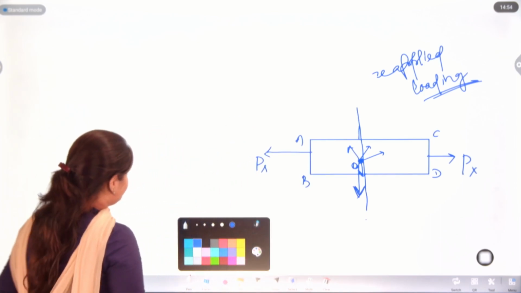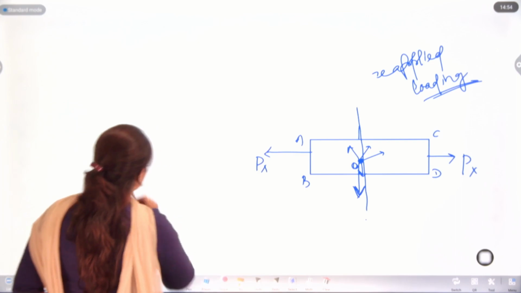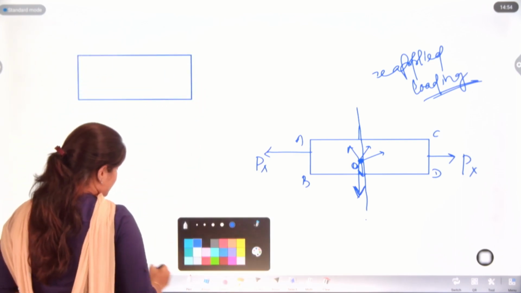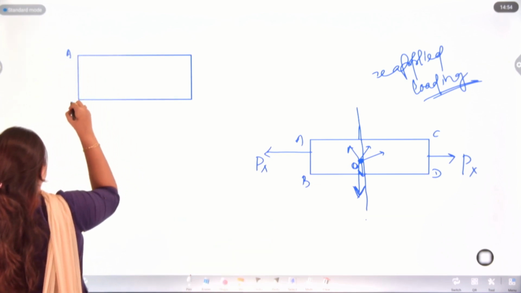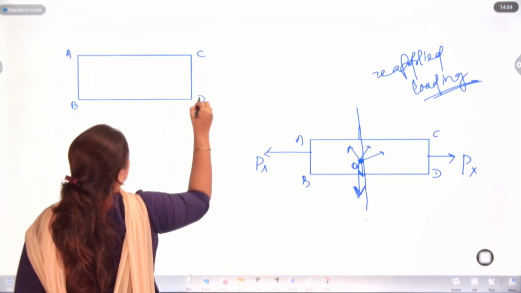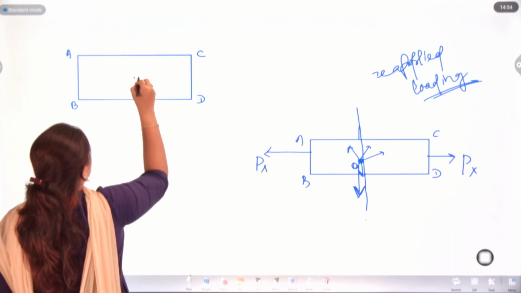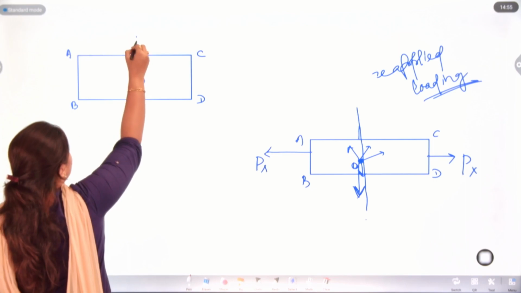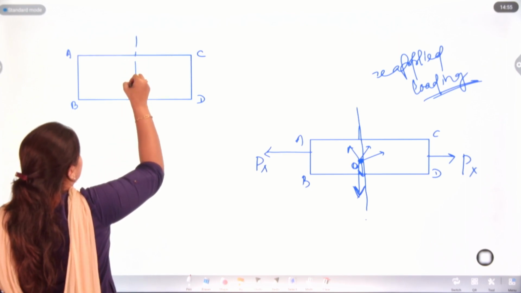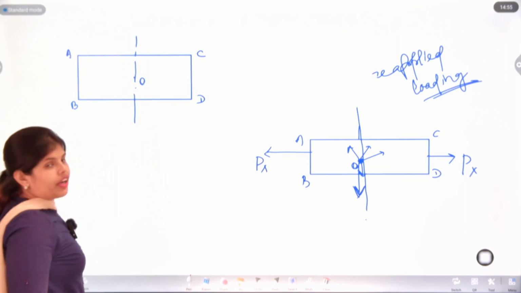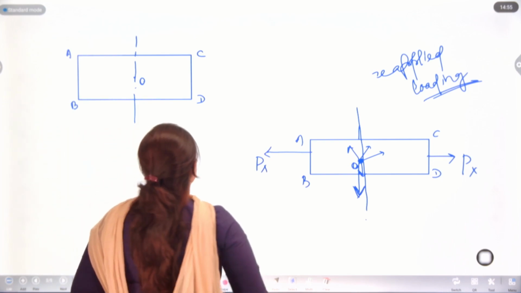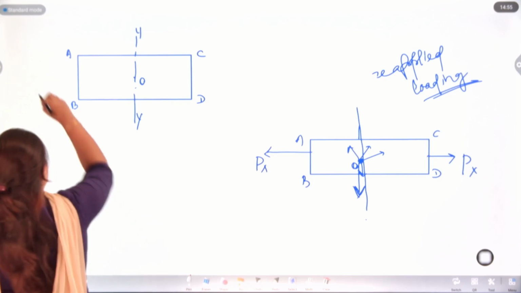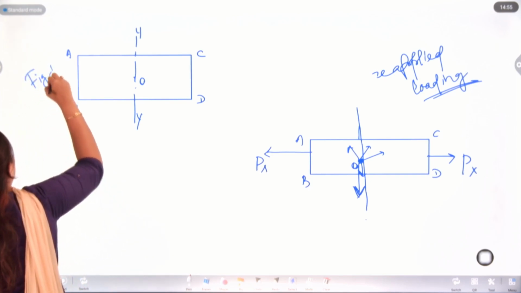Here we have the object ABCD with the point O, and now let us cut it in the vertical direction. We can name this YY. This is our figure 1.